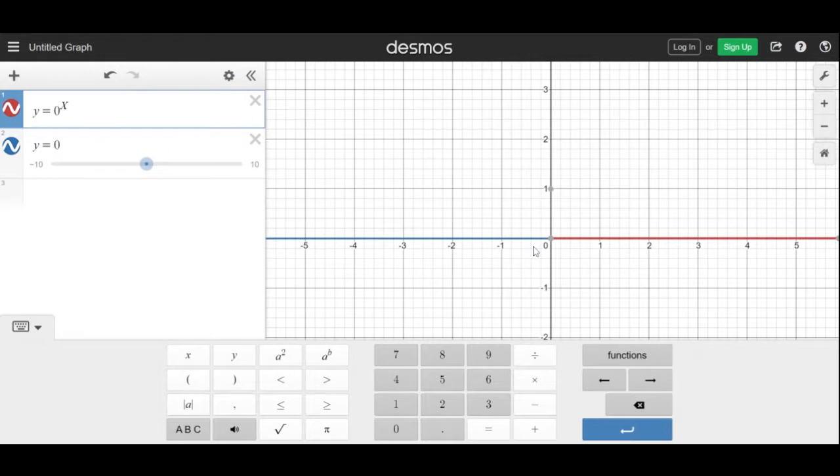That's the red line, since you will get undefined there. When your a is 1, it's just a horizontal line passing through 1. So it's not an exponential curve. But if you play around with 2, you have an exponential curve. 3, that is still the same shape. 4, 5, 6, and so on.